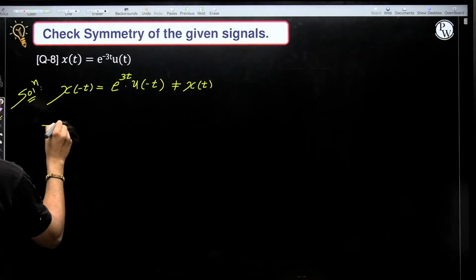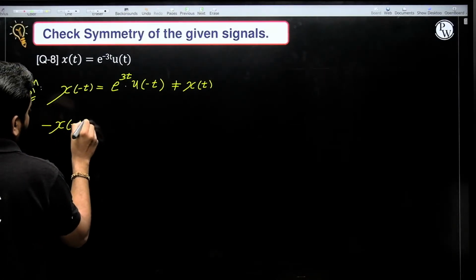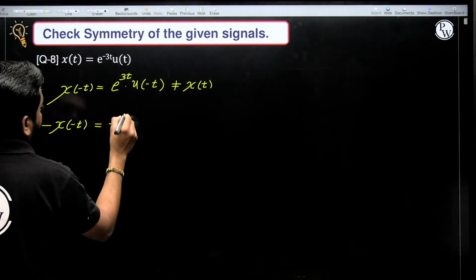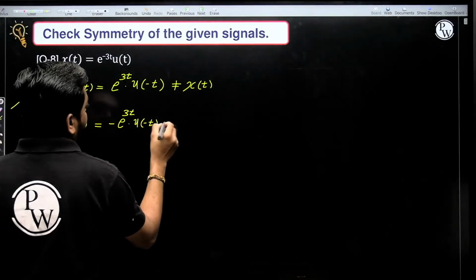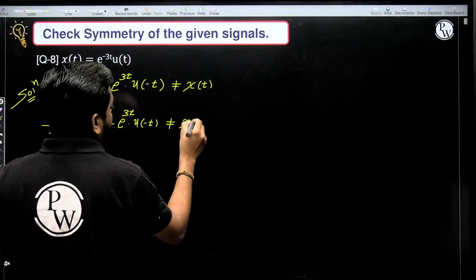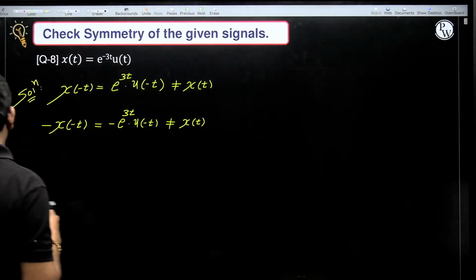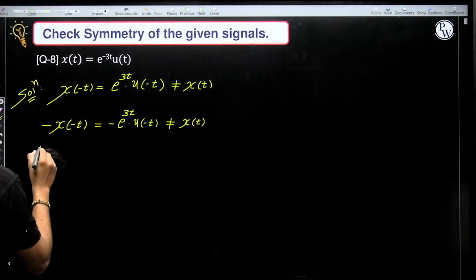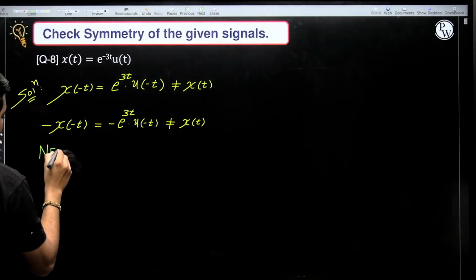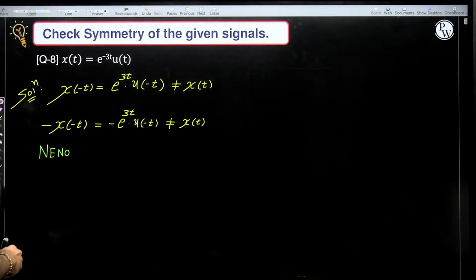Now amplitude reversal, minus x of minus t, gives minus e to the power 3t u of minus t, not equal to x of t. So this is neither an even nor an odd signal.